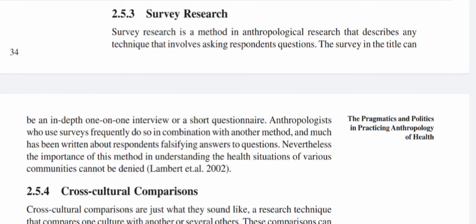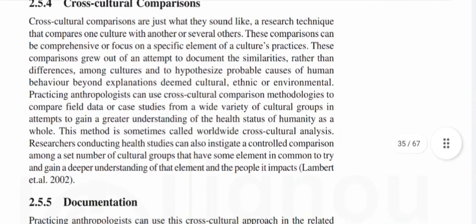Anthropologists who use surveys frequently do so in combination with another method, and much has been written about respondents falsifying answers to questions. Nevertheless, the importance of this method in understanding the health situations of various communities cannot be denied. Lambert et al. 2002.